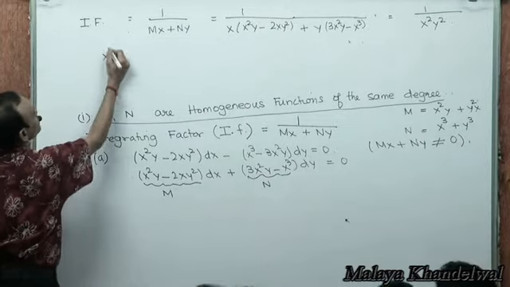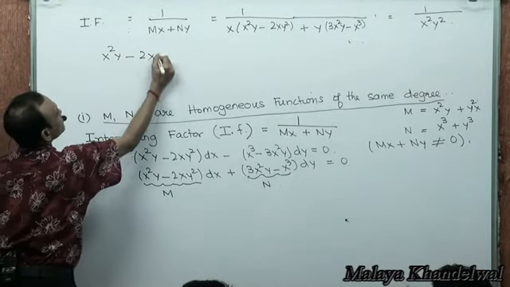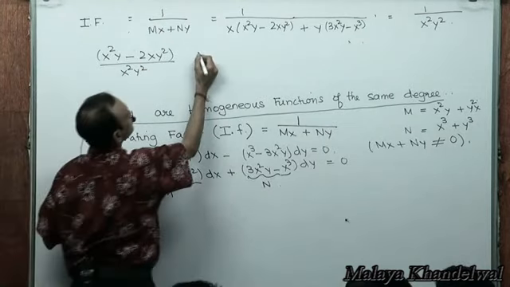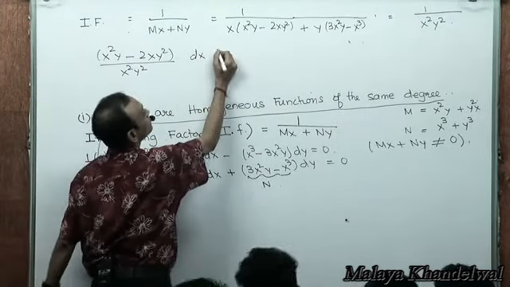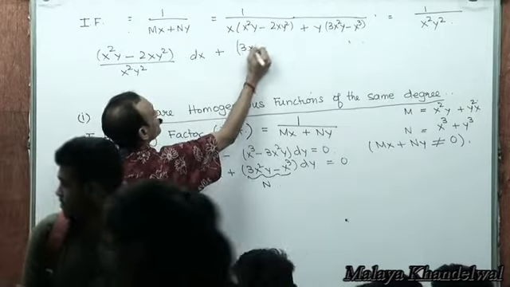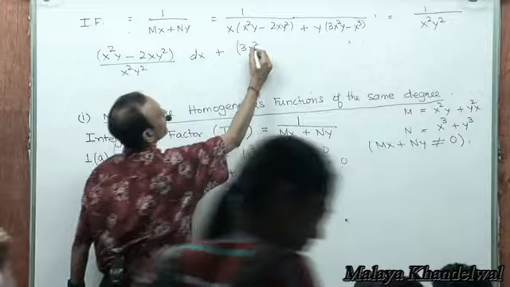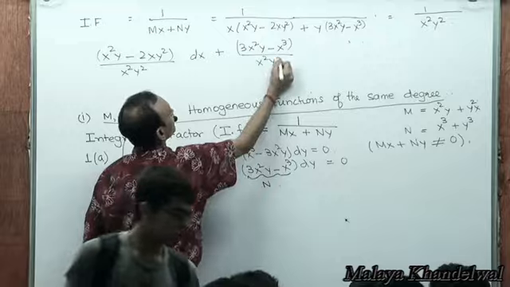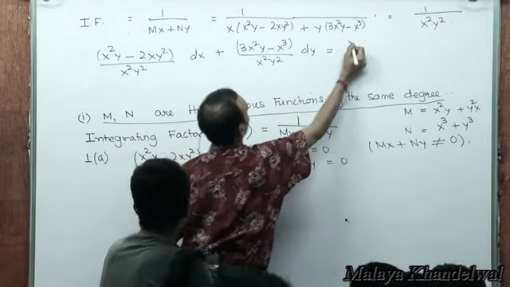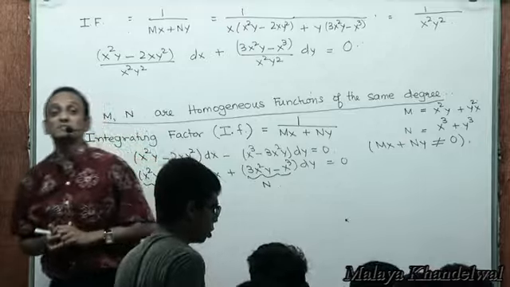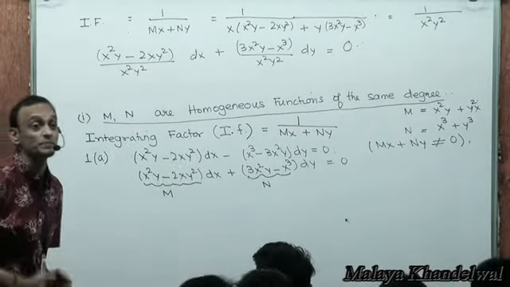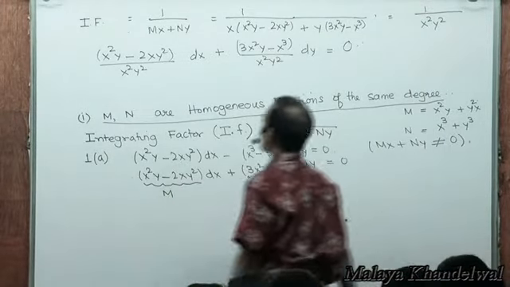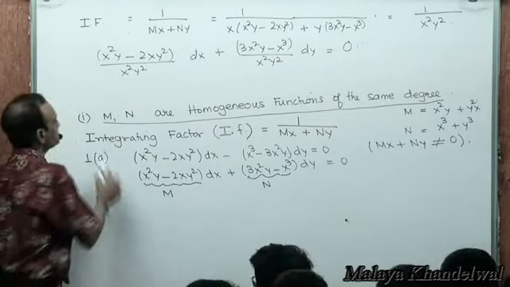So (x squared y minus 2xy squared) by x squared y squared, which is my integrating factor, dx, plus (3x squared y minus x cubed) by x squared y squared dy equal to 0. I'm expecting this to be an exact differential. See what happens. Can I remove the clutter from here?